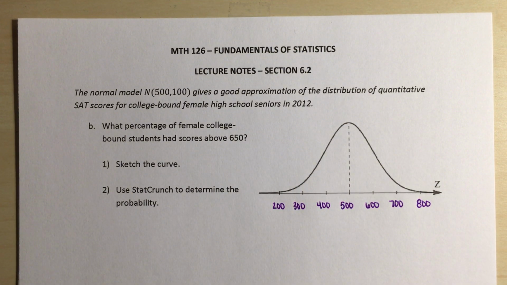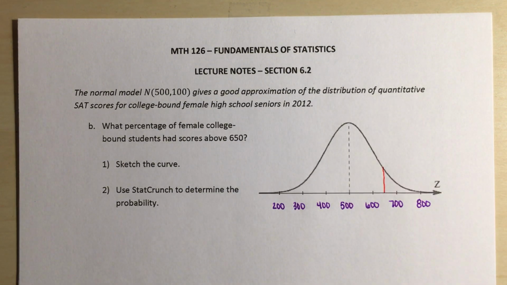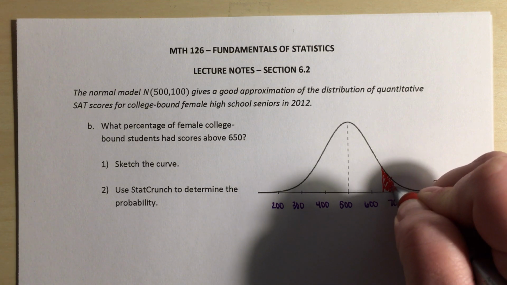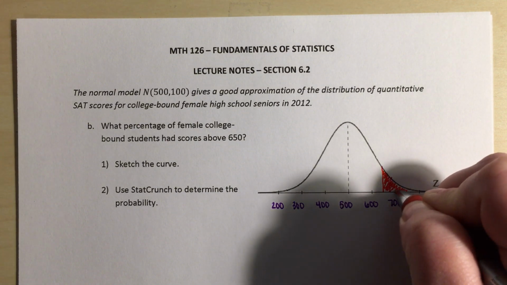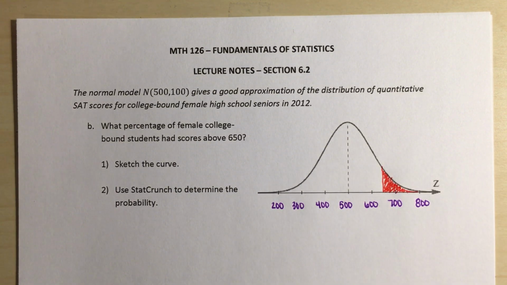In this particular case, we are asked what percentage of female college-bound students had scores above 650. So we are going to fill in our shading appropriately. 650 would be right in the middle here. Above means we're going to shade our area to the right. We have a pretty small area shaded in, so we should expect that we are going to end up with a pretty small percentage here.